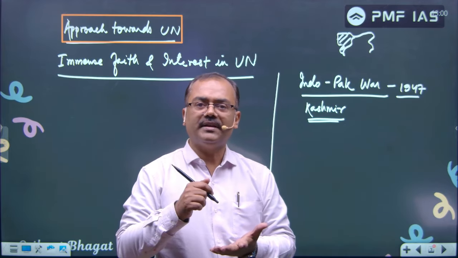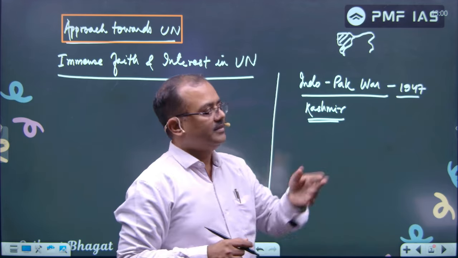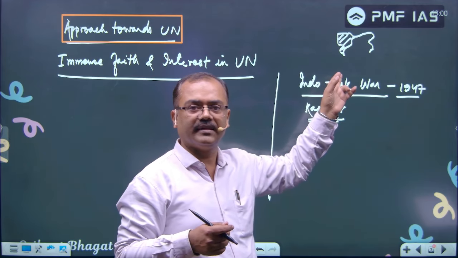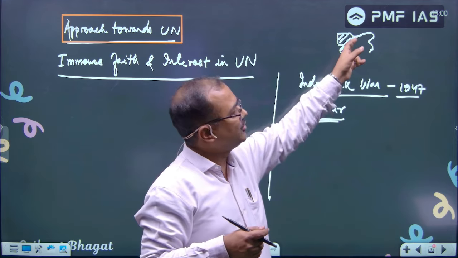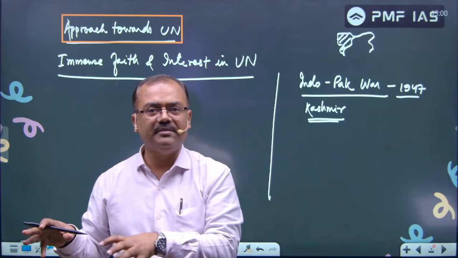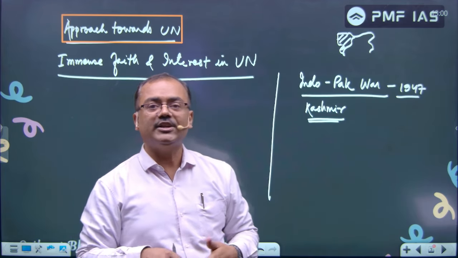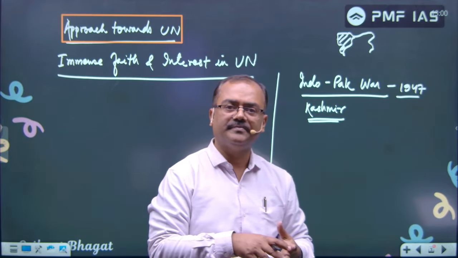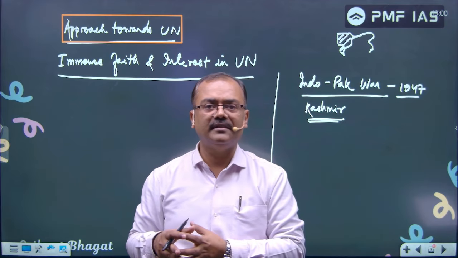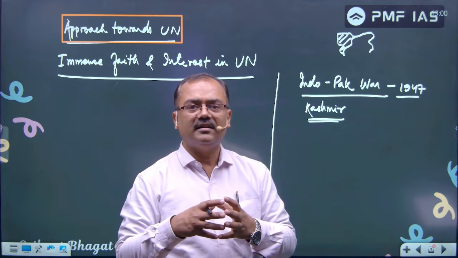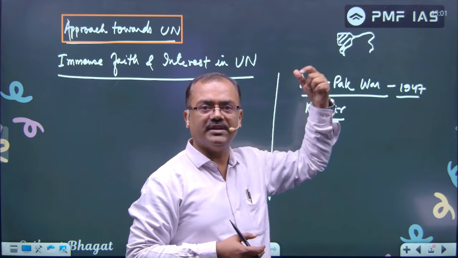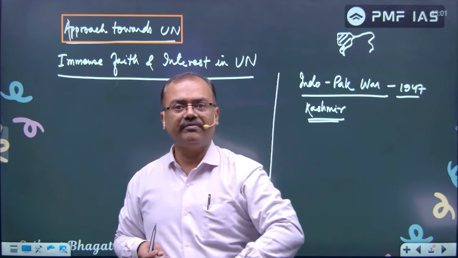So as per the instrument of accession, UN will help India regain this position, because UN will be following the terms of agreements and treaties. As per the treaty, as per the conditions concerning partition, as per the Mountbatten plan, India has rightful ownership of the territory of Kashmir because Hari Singh signed it in favor of India.